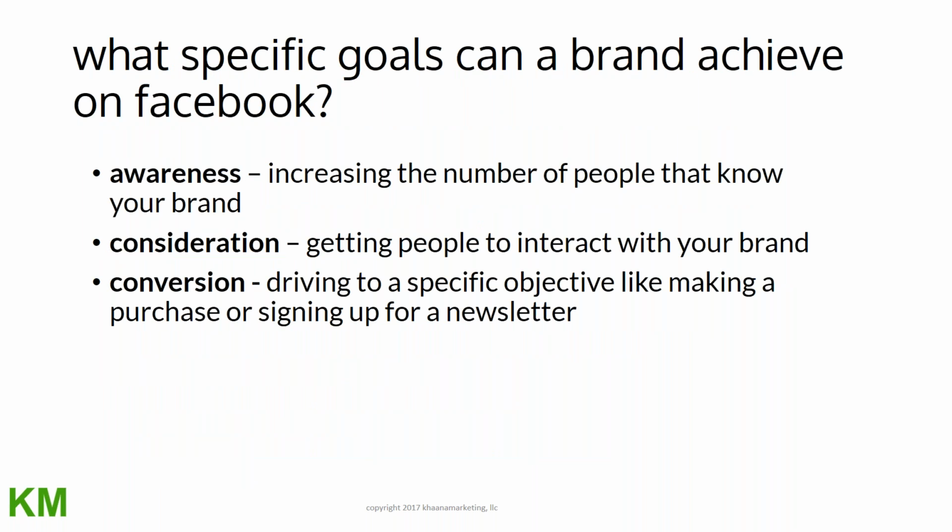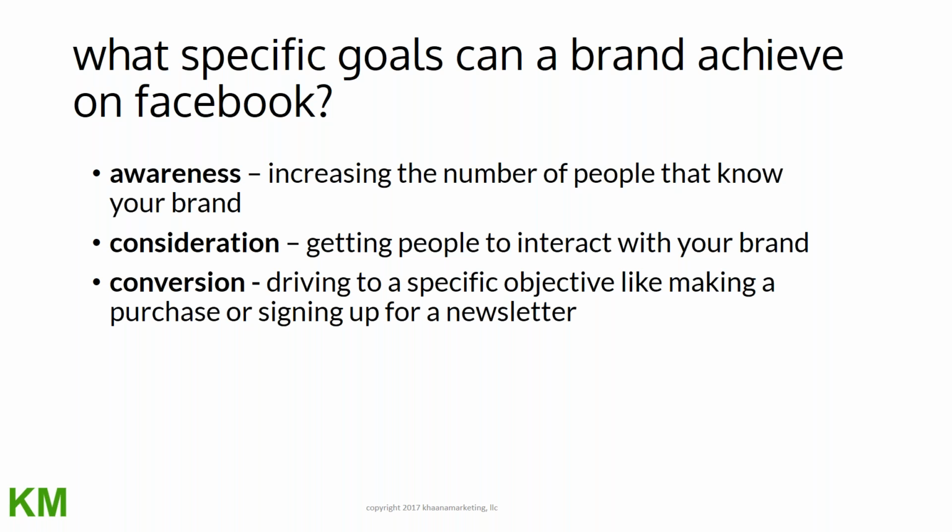So let's jump into the content here, and this is somewhat going back to what we talked about in May, just to refresh and get us back on the same page. What specific goals can a brand achieve on Facebook? The way that Facebook has created their tools, it's designed to mirror the marketing funnel. So in theory, with Facebook advertising, you could discover a new customer that had never heard about your brand before, and give them the tools and capabilities to understand and interact with your brand.